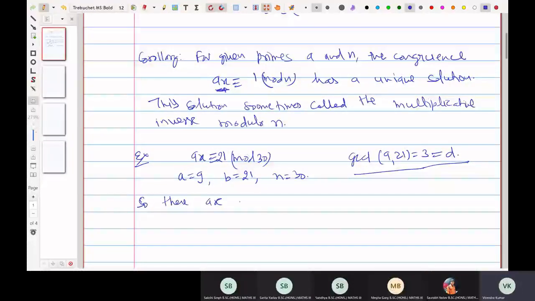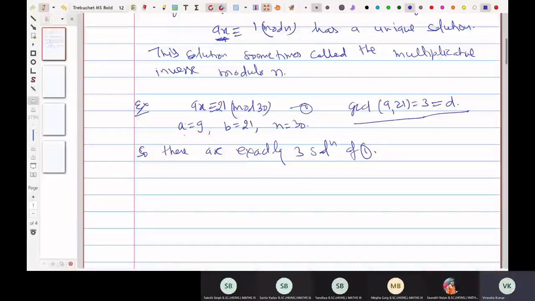So there are exactly 3 solutions. One solution we can try to find. What would be the possibility for one solution? We can find it by inspection.